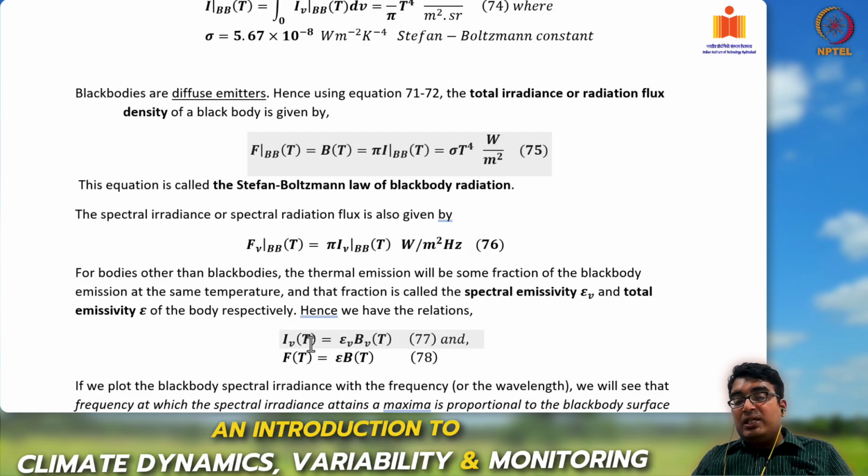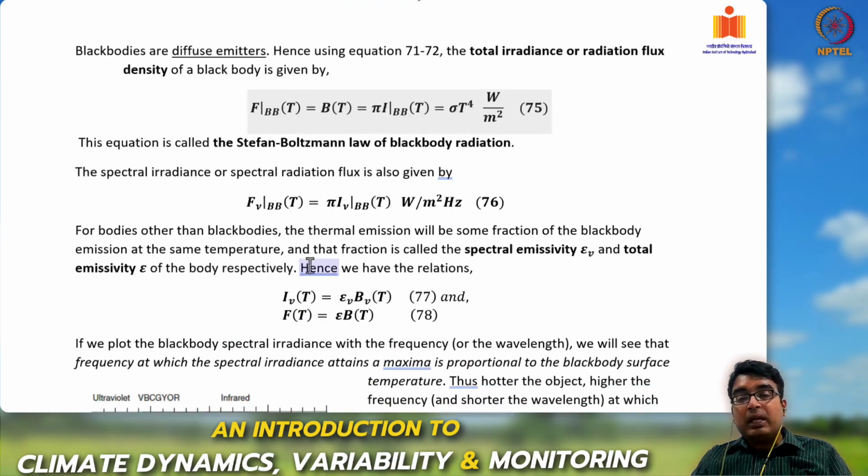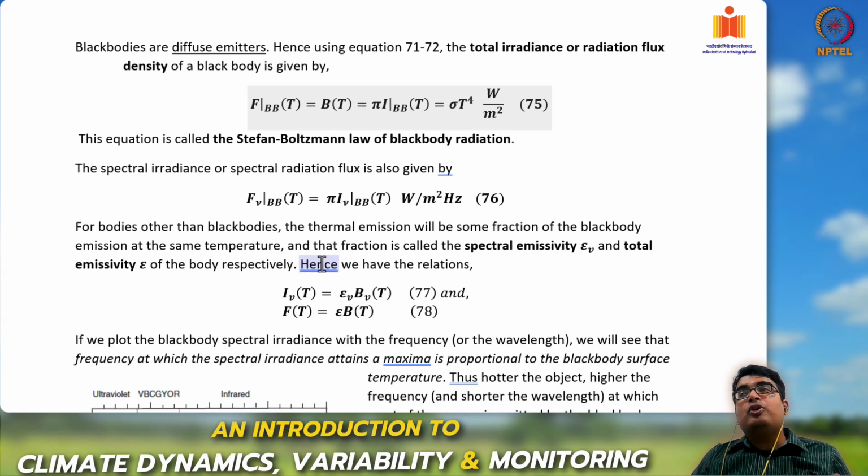So I nu T for a given surface is epsilon nu, the spectral emissivity, into B nu T. So this term here into the spectral emissivity gives the spectral radiation intensity of a non-black body. And when you are looking at the total radiation flux, then we write the total emissivity epsilon into this B T, which gives the total radiation flux of a non-black body surface.